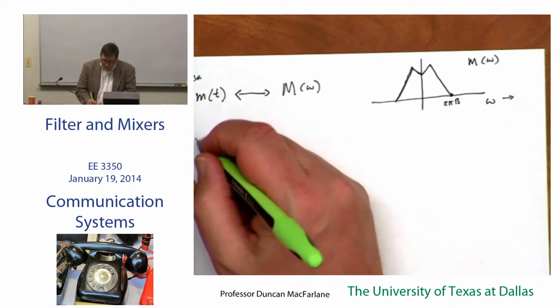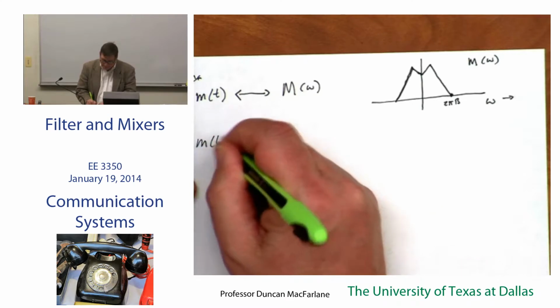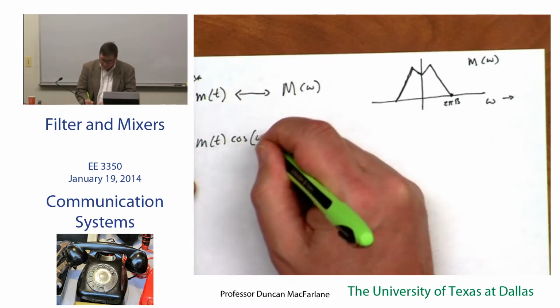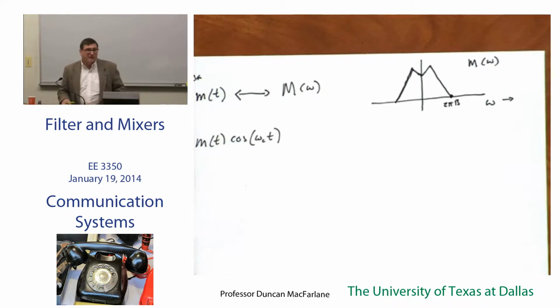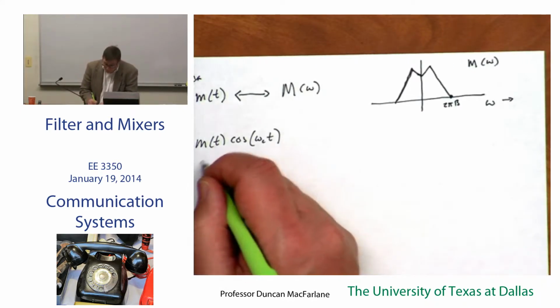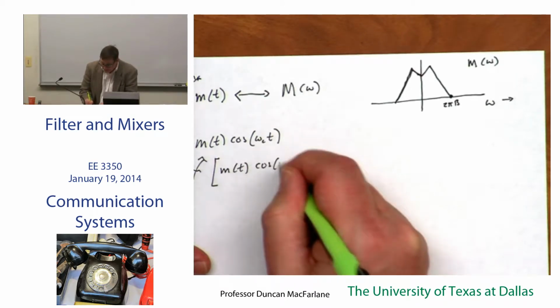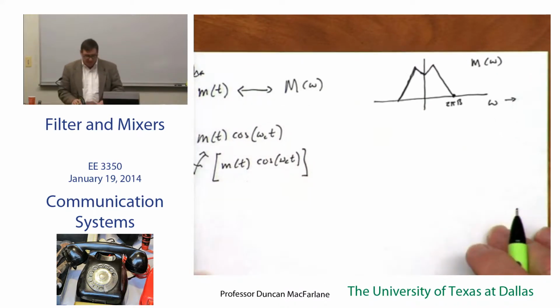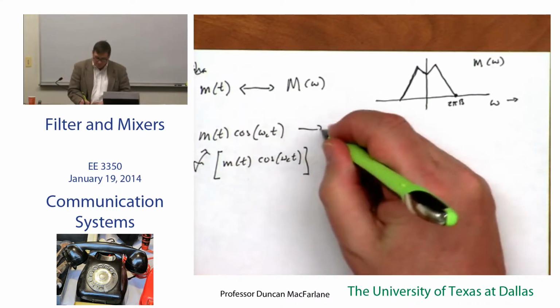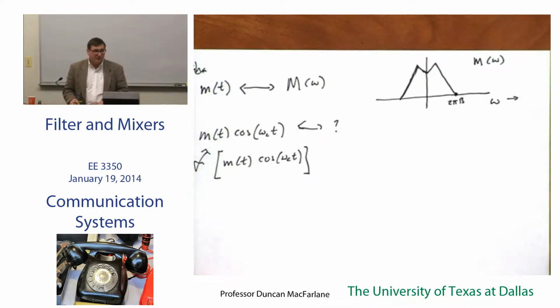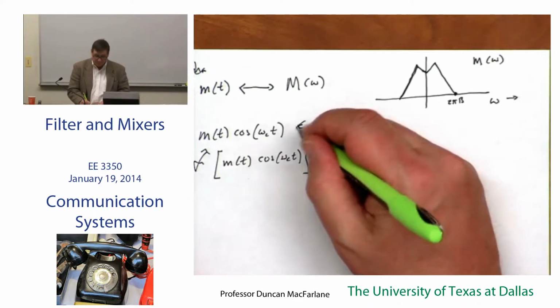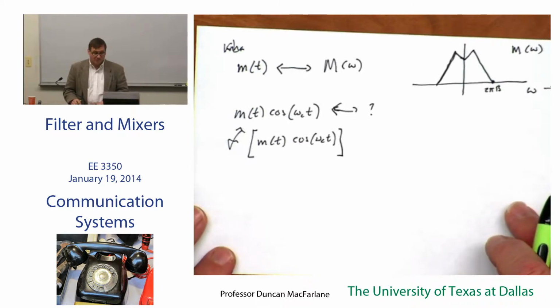So if I know that, then the output of my mixer is the product of that times a cosine. And I know something about a cosine. So what I want to do is take the Fourier transform of that. What does this Fourier transform into? It transforms into a convolution of M over omega.